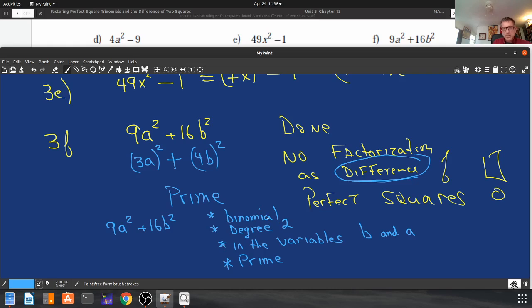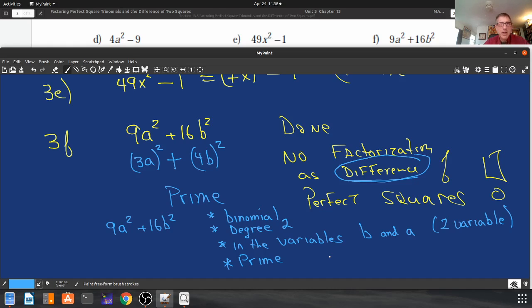The fact that it's only two terms is important. Degree 2 is important. In the variables b and a, who cares? I mean, what's important here is it's in two variables, not that the variables are actually specifically b and a, but that it's in two variables, and that it's prime.